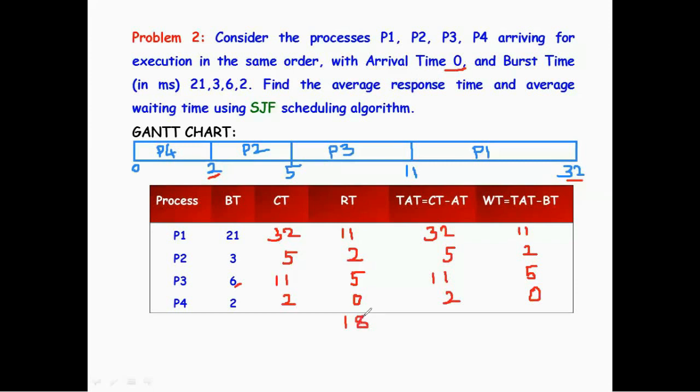We need to compute average response time and average waiting time. Let me find the total response time of all the processes. So here the total is 18. Let us find the sum of waiting times of all the processes. And here the total is 18.